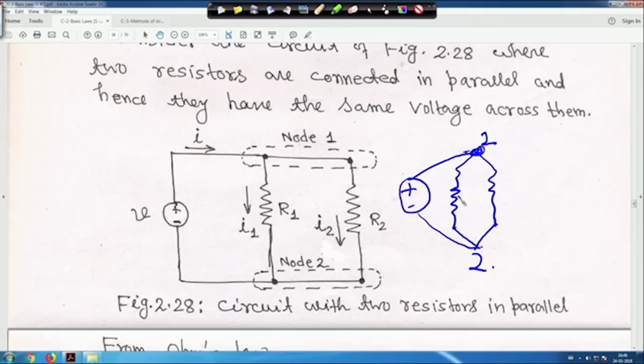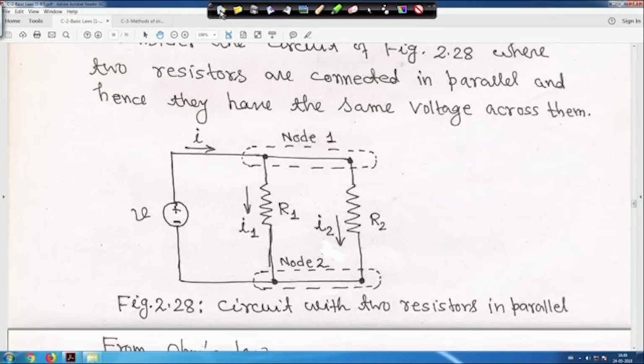Connected here is R1 and this is R2. Current through R2 is I2, current through R1 is I1 and this is I, and this voltage is V. So, the voltage across 1 and 2 is V. So, V will be equal to I1 R1, and similarly across R2 it will be R2 into I2. So, let me clean it.